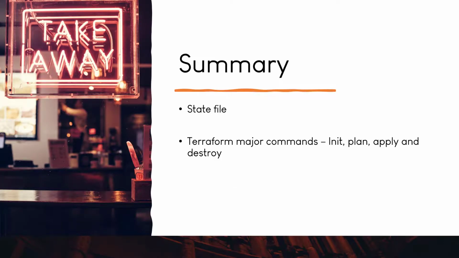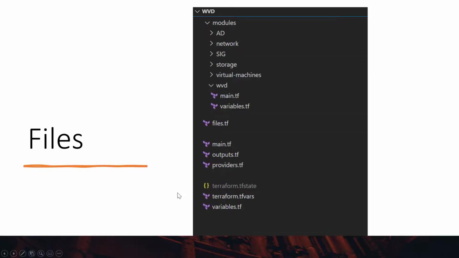I've talked about a lot of stuff today, and you may have seen other options to deploy WVD. Well, hopefully you were impressed by the 20 minutes it took me to get this whole thing done. I showed you that Terraform maintains a state file and used the basic commands of init, plan, apply, destroy. There are other commands, but these are the main ones.